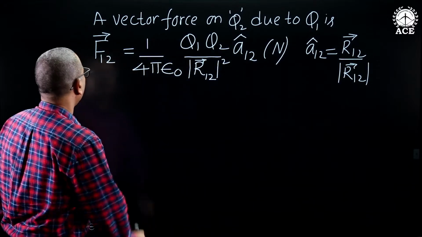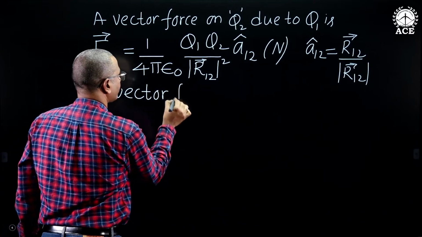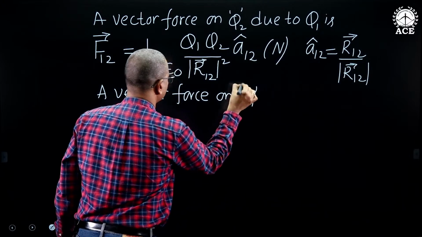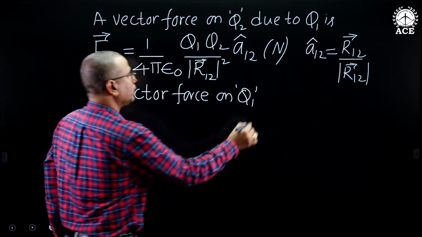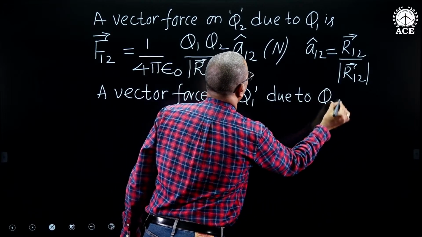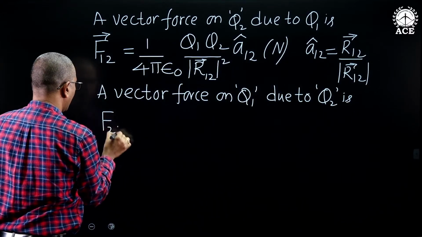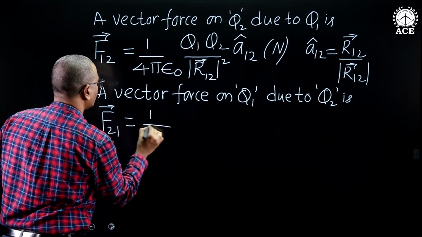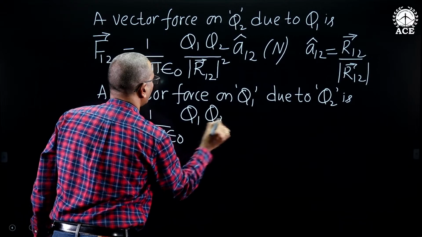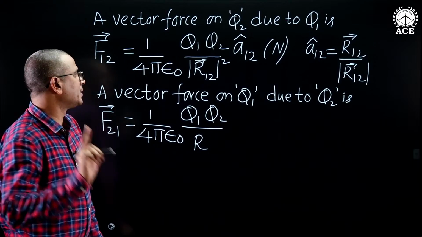That's all. Similarly, we can write the vector force on charge Q1 due to another charge Q2. I'm giving a notation, F21 bar is equal to 1 by 4 pi epsilon naught Q1 Q2 by distance. Distance doesn't matter, but displacement is very, very important.